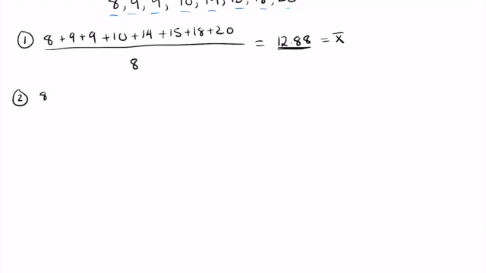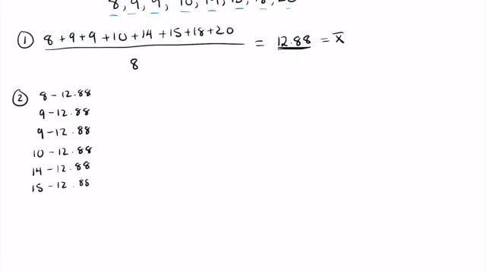So I have 8 minus 12.88, 9 minus 12.88, 9 minus 12.88, 10 minus 12.88, 14 minus 12.88, 15 minus 12.88, 18 minus 12.88, and 20 minus 12.88. And we're going to get those answers in just a second.